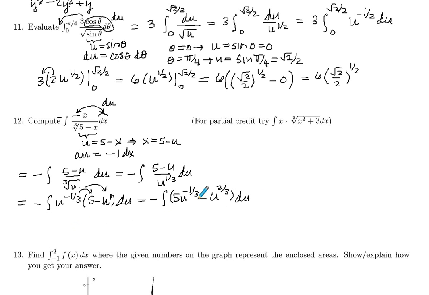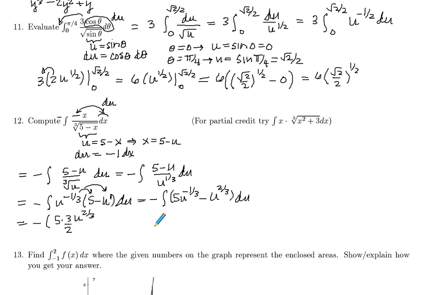And now we can do the power rule on each piece here. So we've got that negative out in front. Don't forget that. The 5 we keep, and then add 1 to the exponent. Negative 1/3 plus 1 is 2/3. So that's going to be u to the 2/3 power. And then we divide by 2/3, which is the same as multiplying by 3/2.